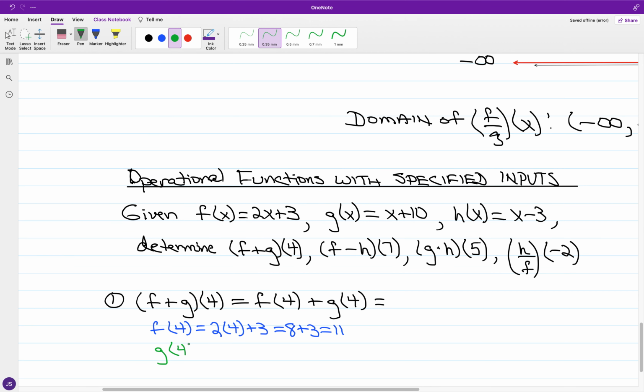As for evaluating g of 4, we are referencing g of x, where g of x equals x plus 10, so g of 4 is equal to 4 plus 10. And so that is equal to 14. Okay, and so I can just fill in the numerical values. So f of 4, again, is 11.